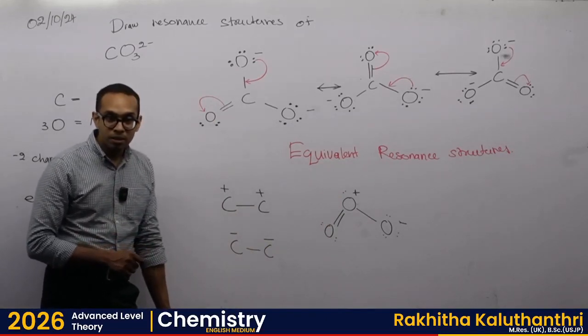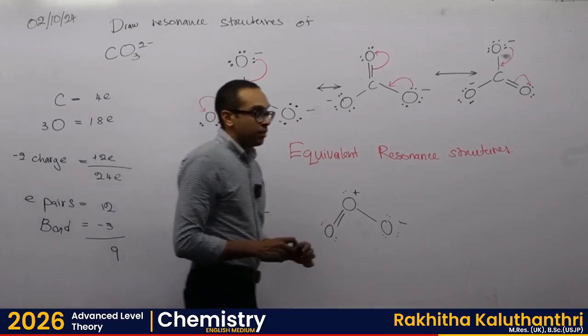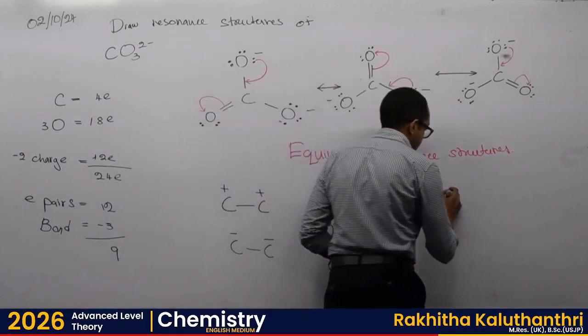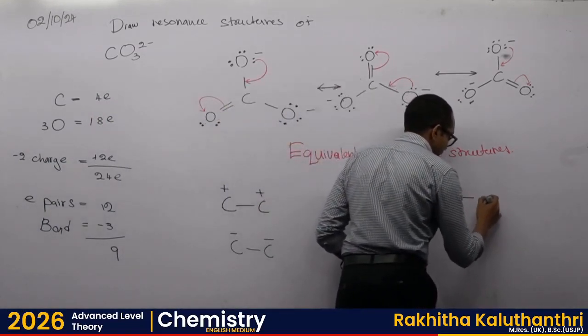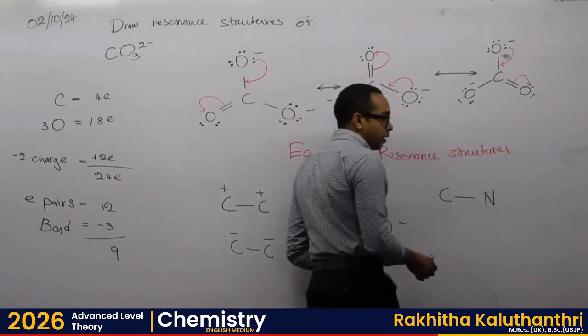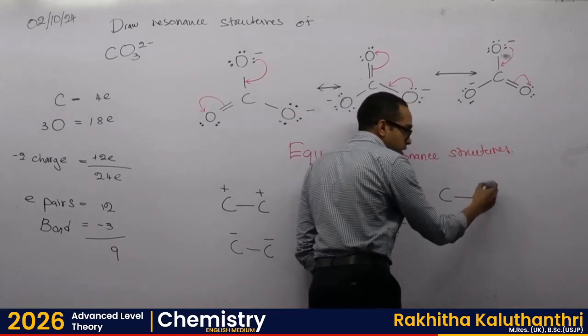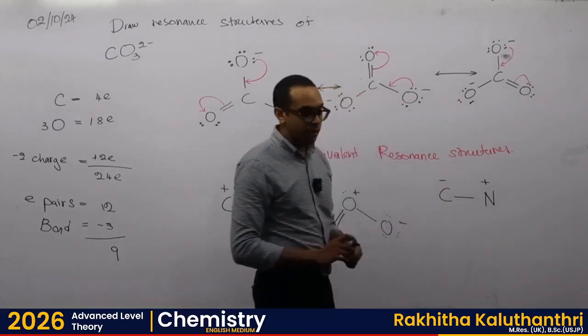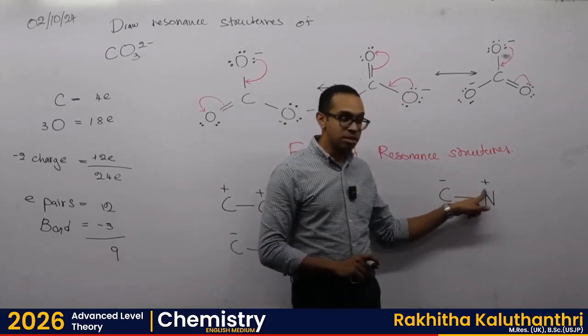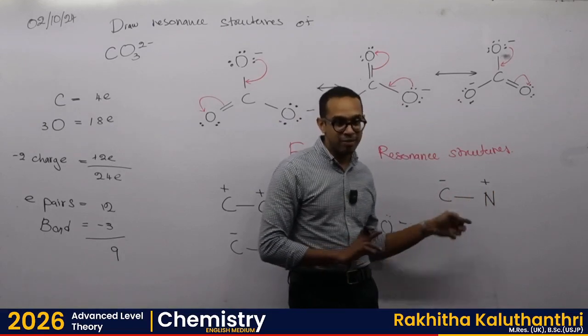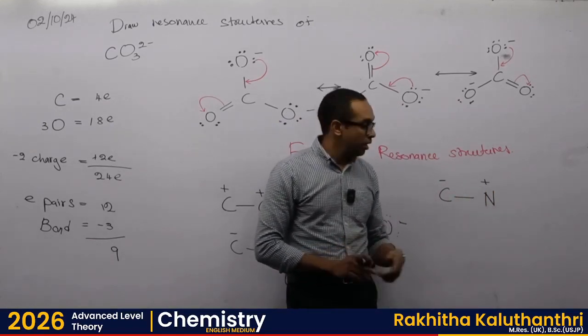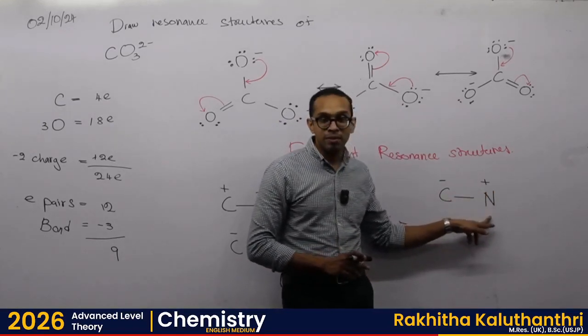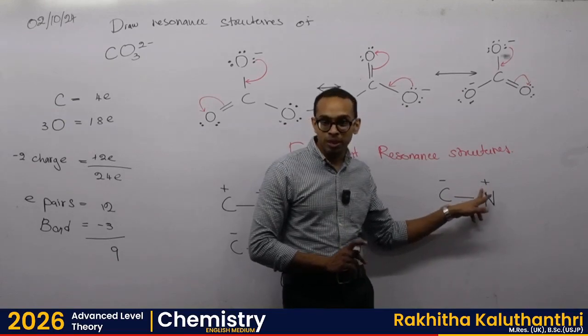Is that clear? And when it comes to resonance structures, if you are drawing resonance structures like this, imagine you have highly electronegative element like nitrogen having a positive charge and this is having a negative charge. If you have a positive charge on this, it is unstable. Carbon can have a negative charge, that's a different story, but a very electronegative element can't have a positive charge.